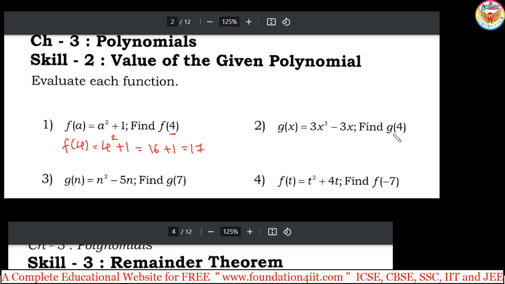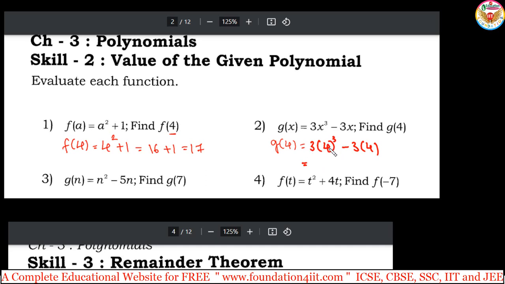Same way, g of 4. Wherever x is there, in place of x you can keep the 4. 3x cube, so 3 times 4 to the power 3 minus 3 times 4. You can simplify this. 4 cube you should multiply with 3.